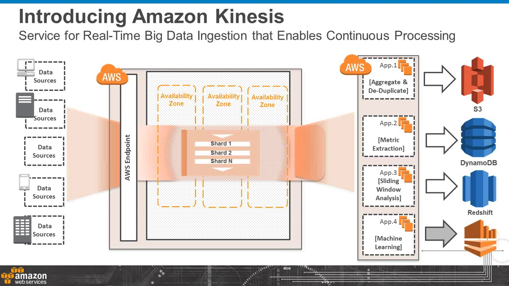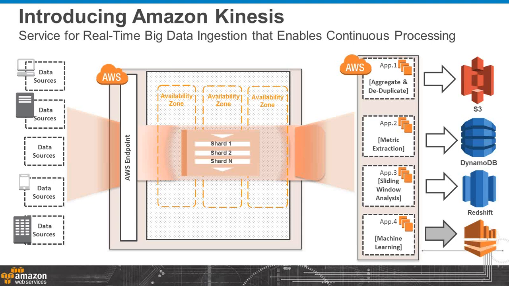Another application could be running, let's say, a 5-minute sliding window analysis on that data and then emitting that into a large-scale data warehouse like Redshift. And you could have yet another application that takes in this big stream of data, filters it, and then generates a new Kinesis stream. That, in a nutshell, is the capability of Amazon Kinesis.